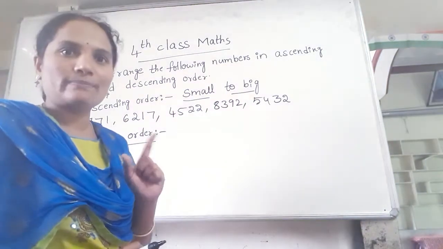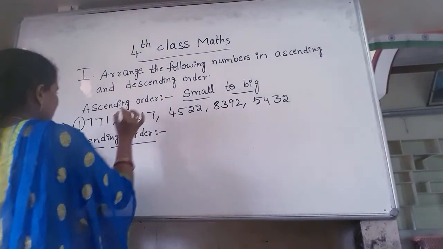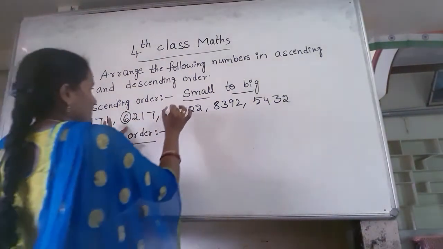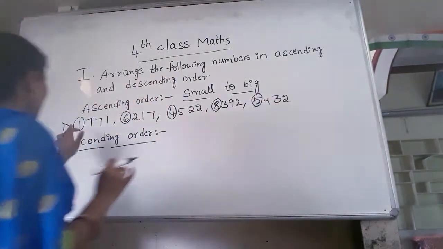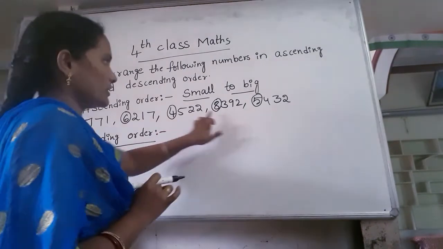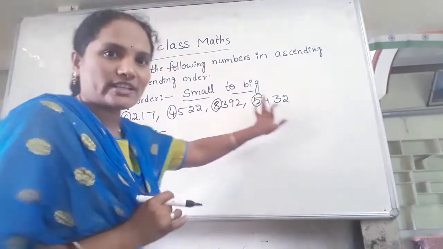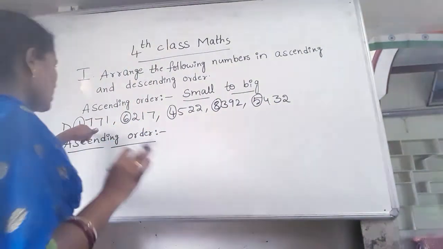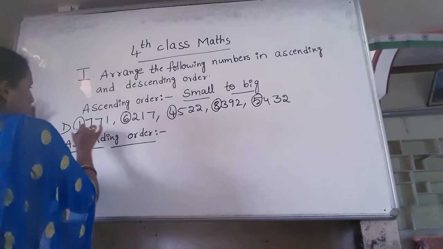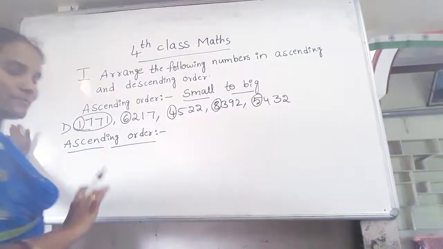In thousand place, the digits are 1, 6, 4, 8 and 5. So in this one, which one is the small one? So 1 is a small number. So this number is always the smallest number.